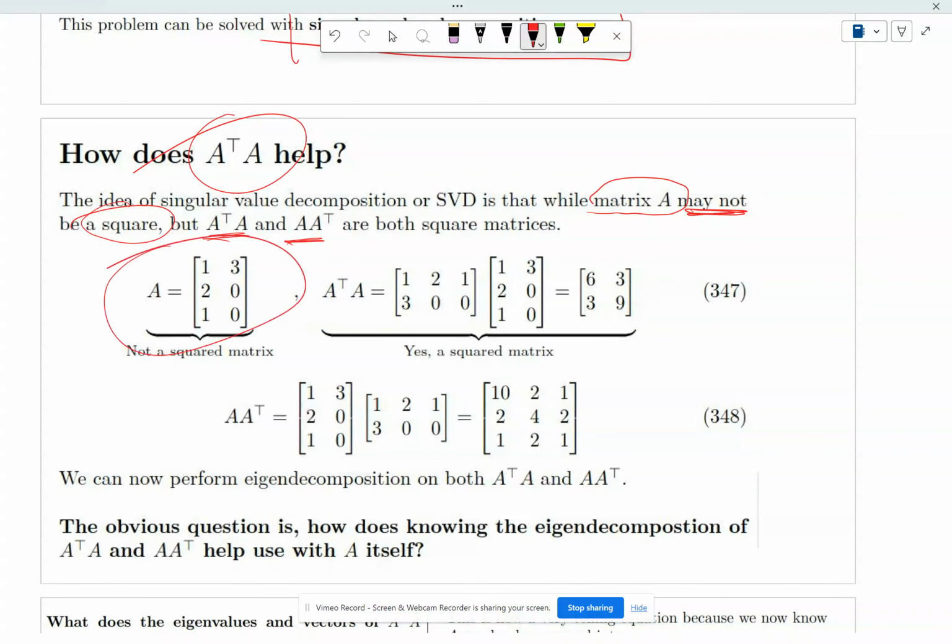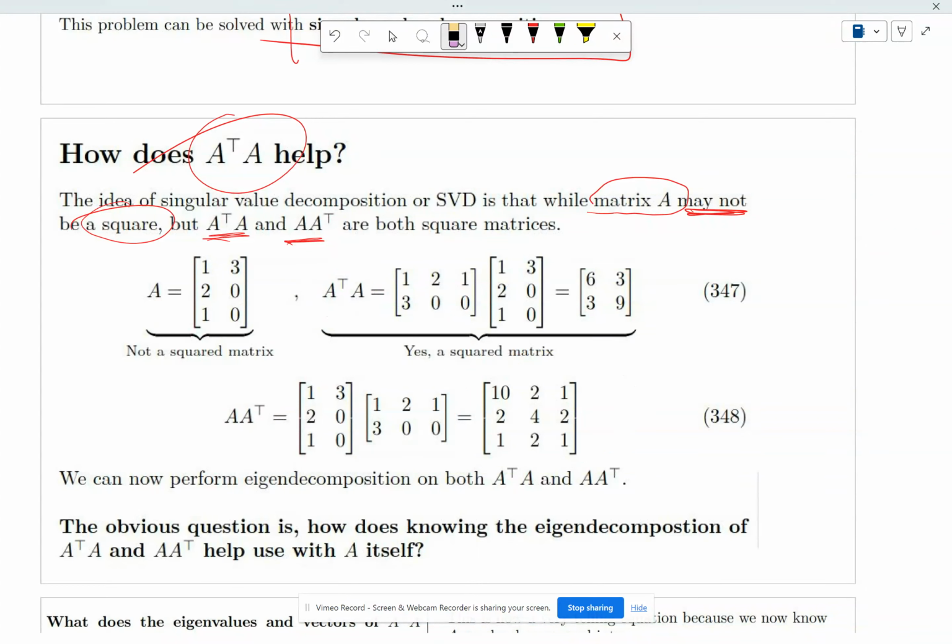Take a look. Here's A. It's not square and it's not symmetric. But if you multiply by A transpose, notice the result is square and symmetric, so the transpose is just itself. Alternatively, here's A transpose A. Let's try AA transpose. Notice how this is also square and symmetric.